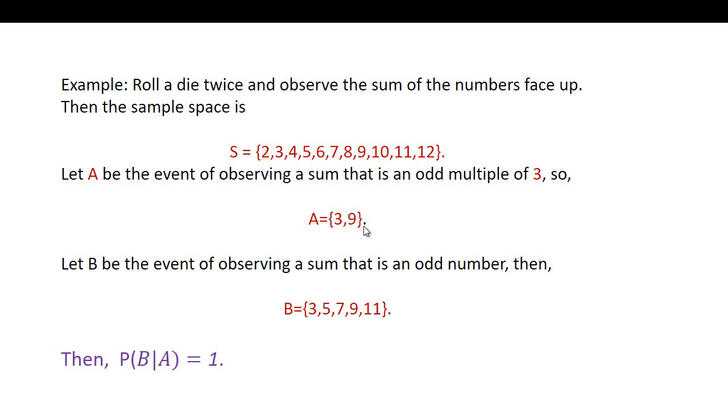The probability of B given that A has occurred is going to be 1. Notice that both of the elements of A are in B, so if A has occurred, then B certainly occurred. But we can also apply the formula.